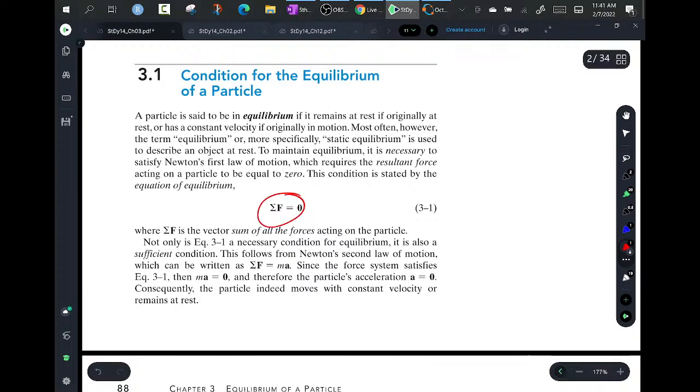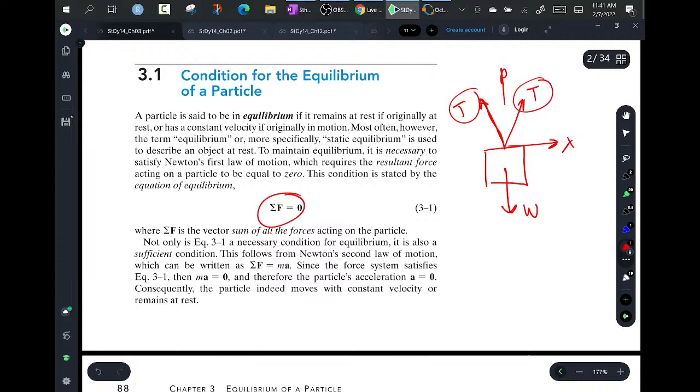For example, if you had a chain that sat here, and you had an X coordinate and a Y coordinate, and then you had the tensions here, and then you had the weight, you would know that the component in the Y direction of these two tensions offset that weight, or else it's going to fall or be pulled up.